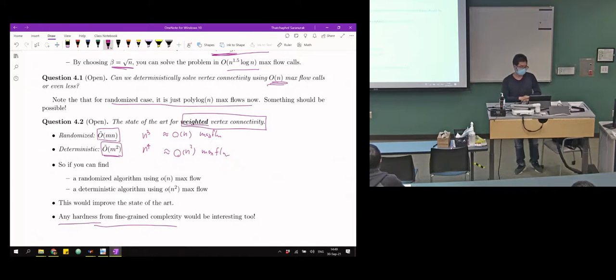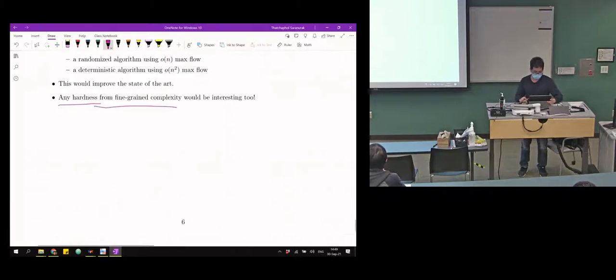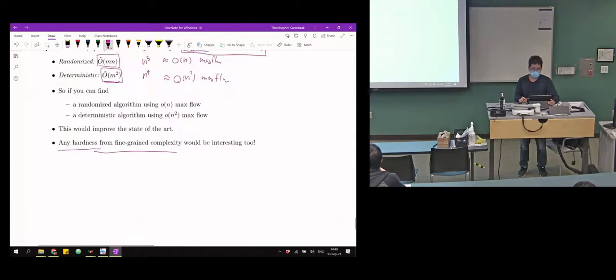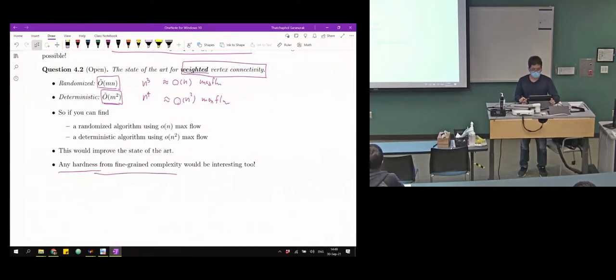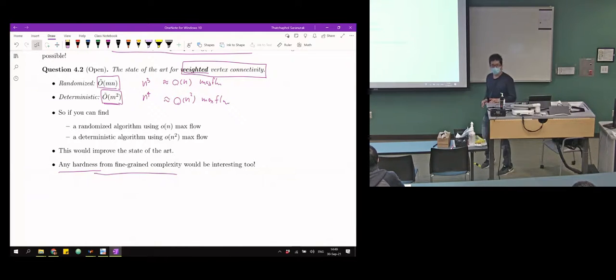It seems to be harder than some matrix multiplication problem, but I'm not sure. Is there a proof of a reduction to matrix multiplication? I don't have it, but I think there might be. Okay, so any questions about vertex min cut?